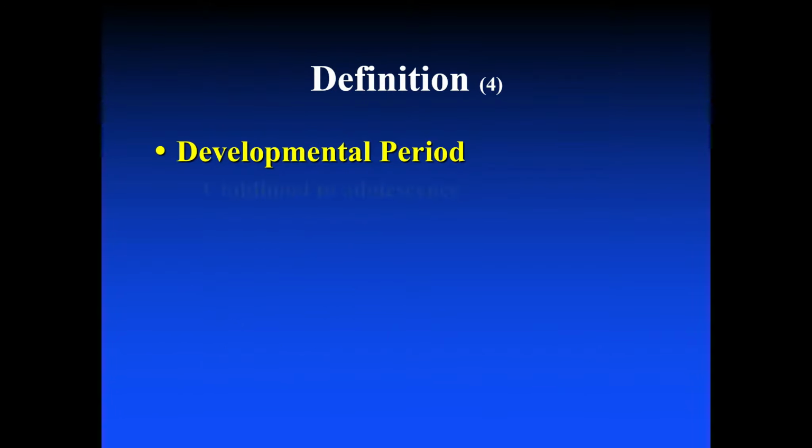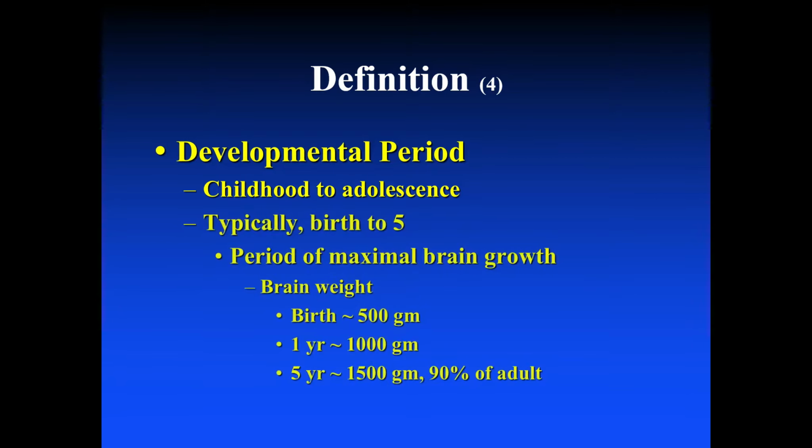The developmental period is from childhood through adolescence, although speaking as a physician, my preference is to consider birth to 5, which is the period of maximal brain growth, as the core of the developmental period. At birth, the brain weighs 500 grams. It's doubled by 1 year of age to 1,000 grams. And by age 5, it weighs 1,500 grams, which is already 90% of adult brain size.